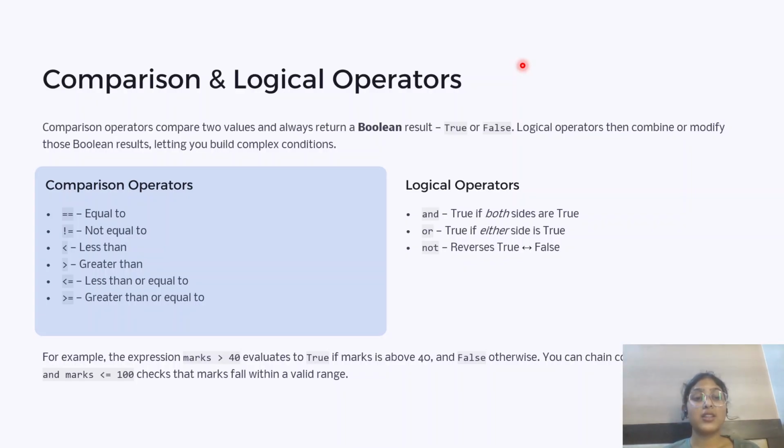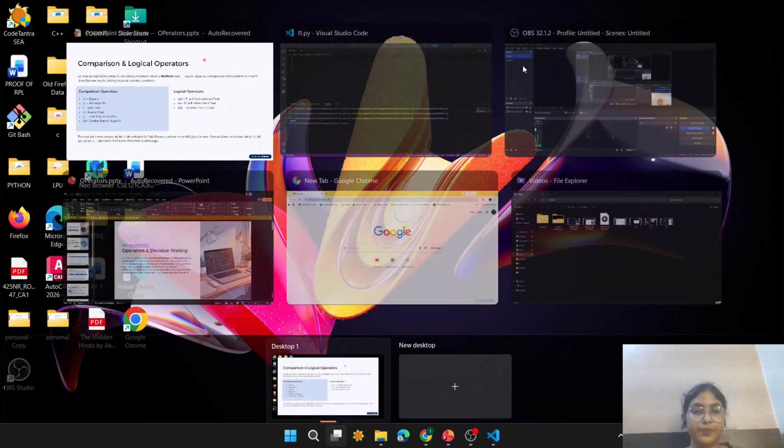So for that, we have to use comparison operators, because arithmetic operators only calculate, whereas comparison operators are used for comparison. So you always have to remember that when you are using a comparison operator, the answer will be true or false. So let's move on and see what happens.